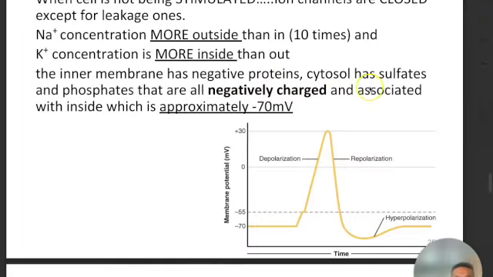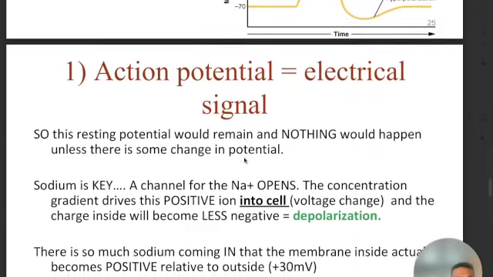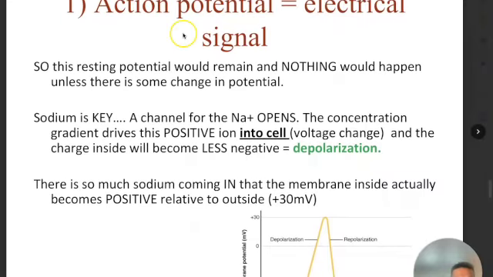Cytosol has sulfate and phosphate that are all negatively charged and associated with the inside, approximately minus 70. Right? So the electrical signal is called action potential. So the resting potential would remain and nothing would happen unless there is some change in the potential.